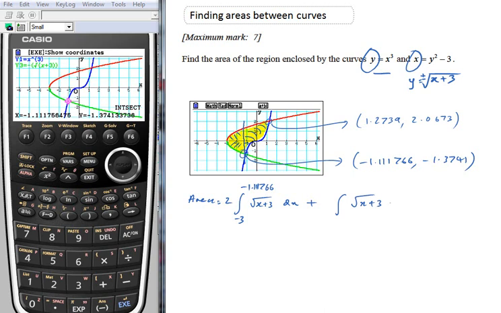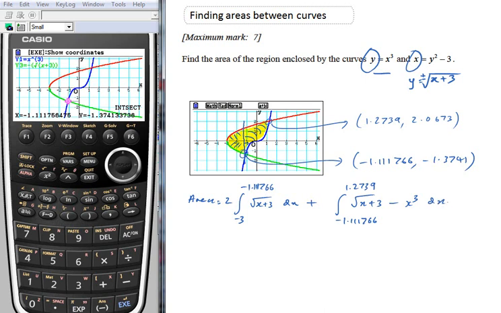But we're going to subtract from that the function underneath, the line that comes down through the origin, and that of course is the line x cubed, because we want the area between those two curves, and it's between the intercepts at minus 1.111766 and the x-intercept up there, which is 1.2739, with respect to dx.